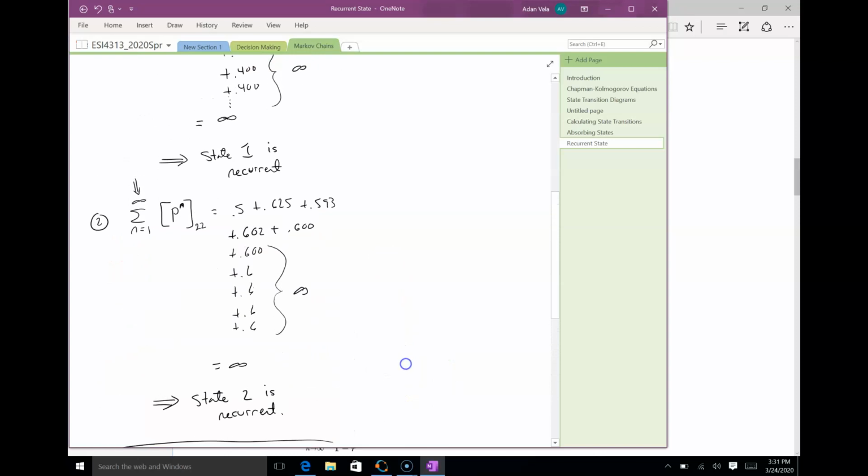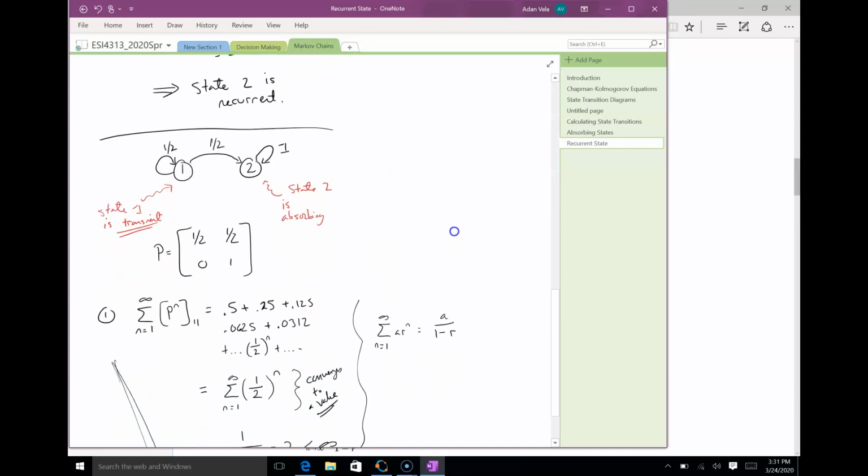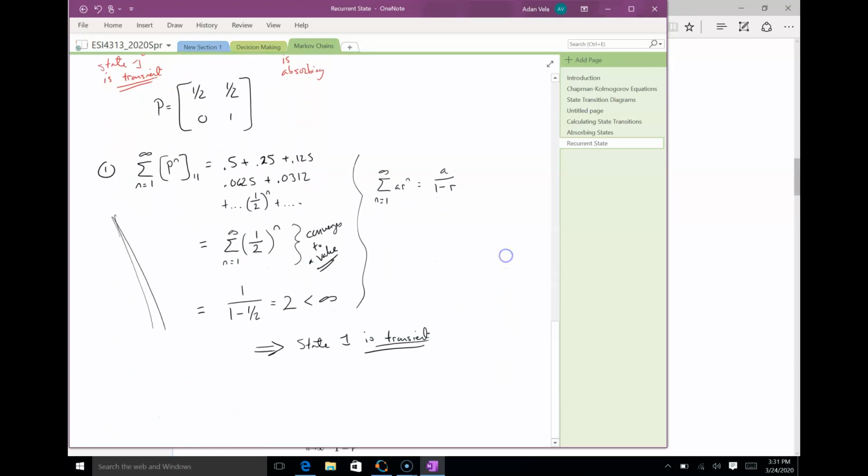So in the first case, we kept taking P to the n power, and we saw that these numbers converged to a single value. When you add up the same value an infinite number of times, you always get infinity. Now in the transient case, when we took P to the n power, we saw that the series went to 0.